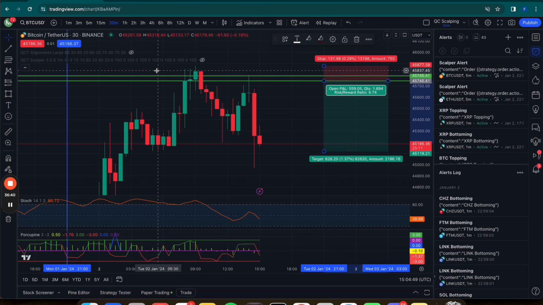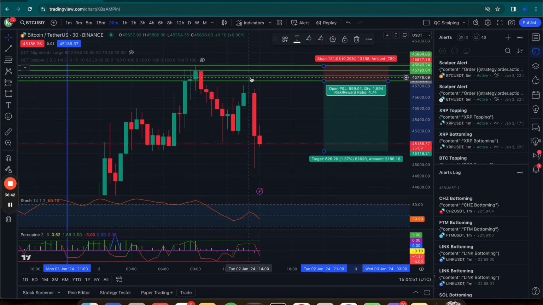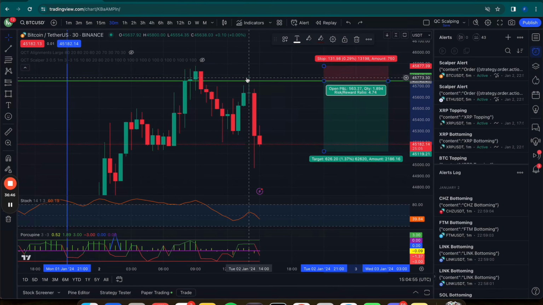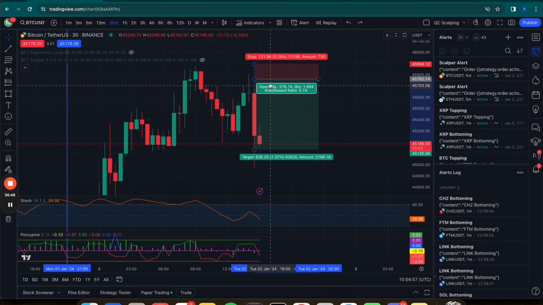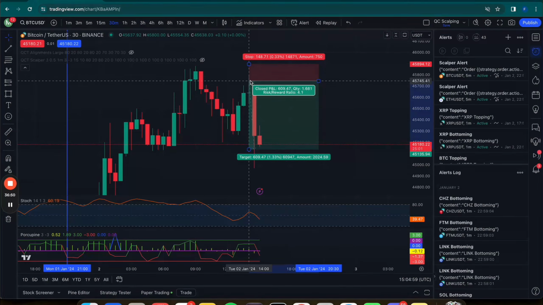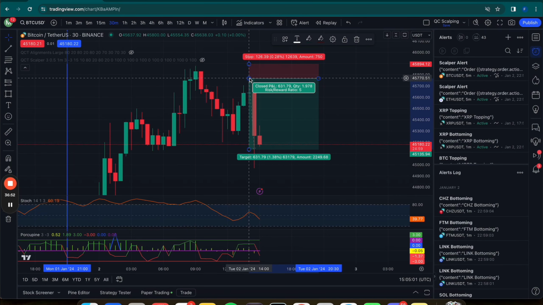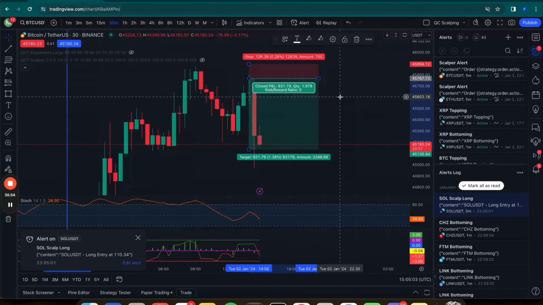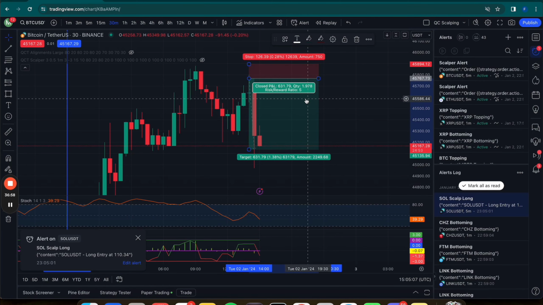You scale at the top of the range, you will fill here, and your average entry is going to be pretty damn close to the top of the wick. Now your $10,000 is going to make you $50,000.